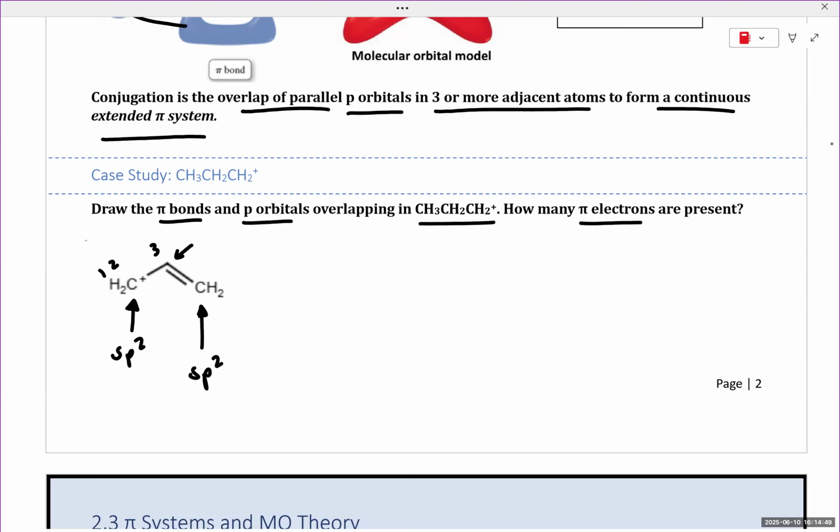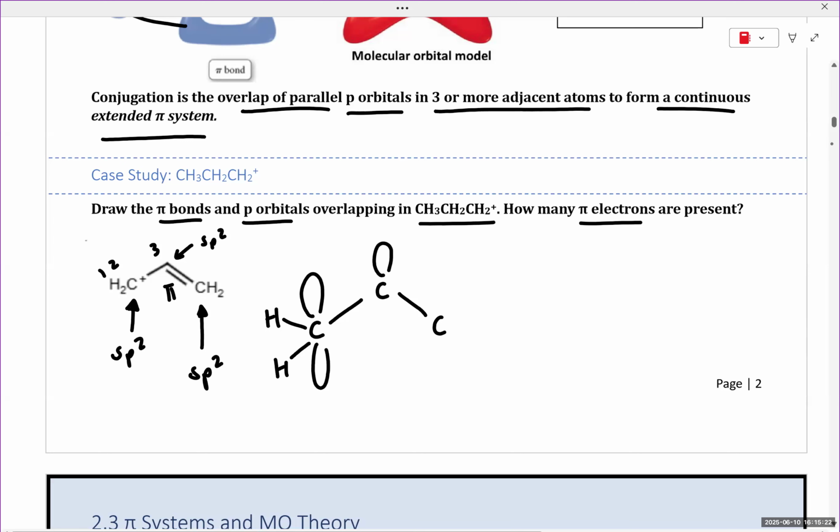This carbon here is also sp2, and we have a pi bond between these two carbons. So then I'm going to draw out my three carbon atoms. This carbon, as it's sp2 hybridized, has an available p orbital. I'm just drawing the hydrogens here as H's just for simplicity's sake.